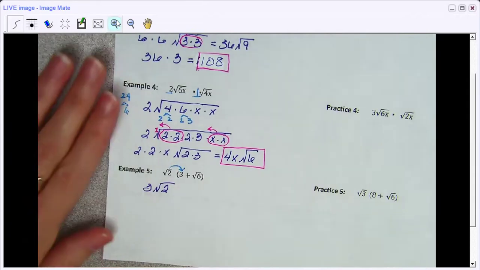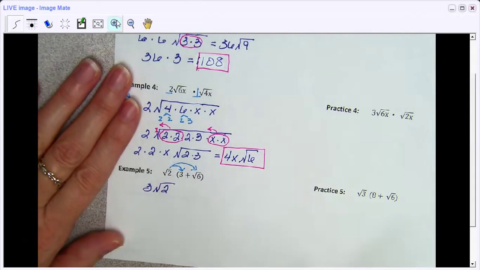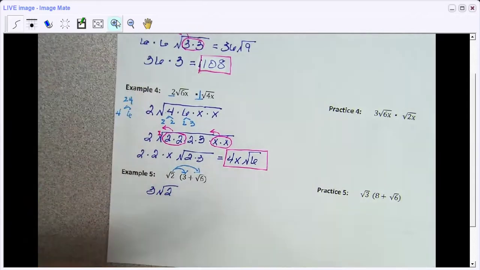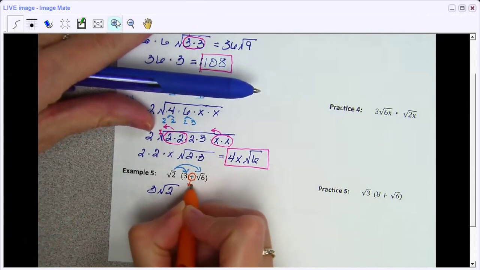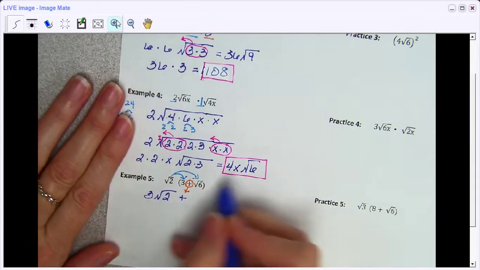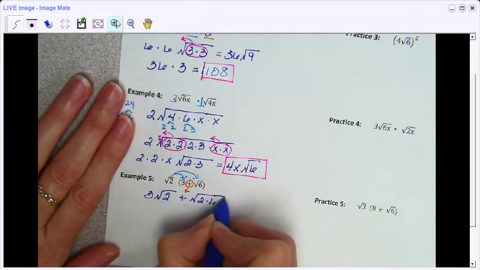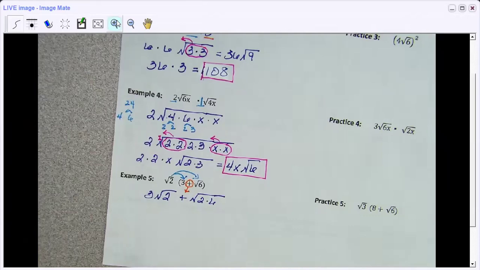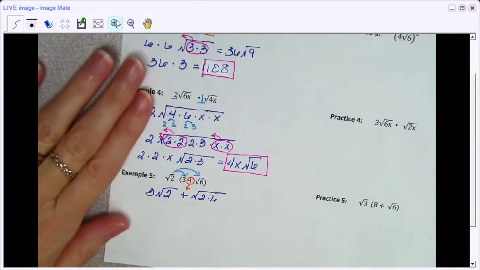Okay. And then we're going to distribute the square root of 2 times the square root of 6. Notice that there is a plus sign here. So that means we're going to bring it down and we are going to put the addition sign there. And then we have the square root of 2 times 6. Now, I know here that I can factor 6 out further.